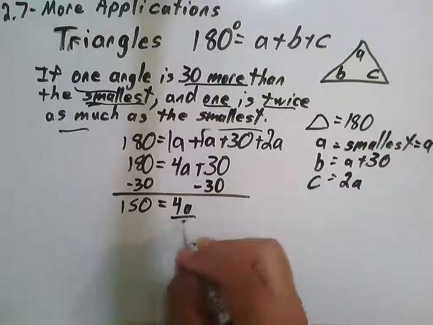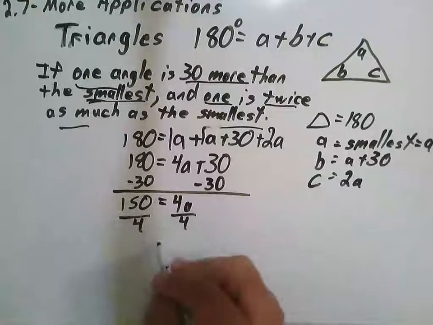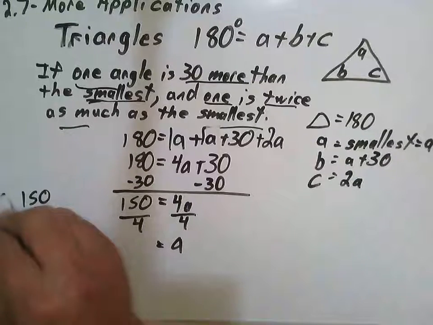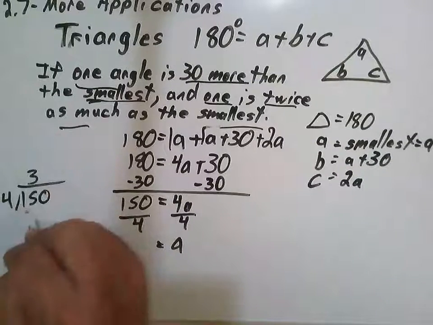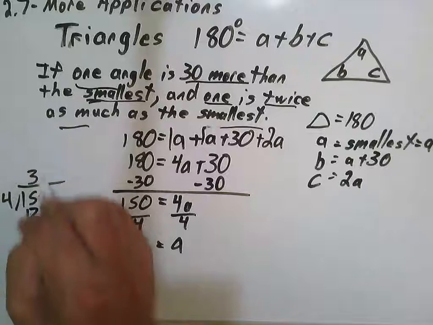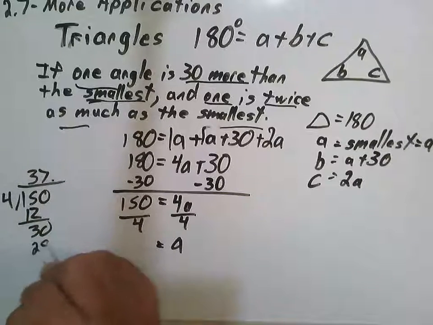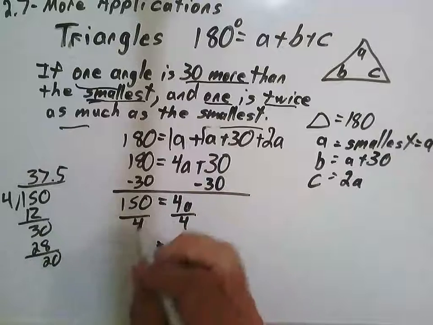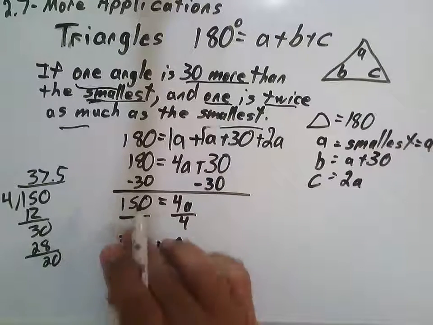So anyway, once again, divide both of these by 4. This is going to tell me that my shortest is 4 into 150. So this one is going to be 37.5.